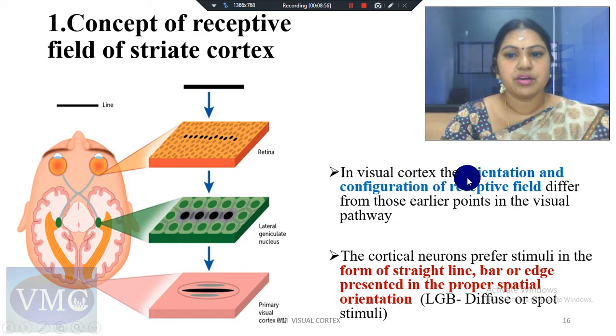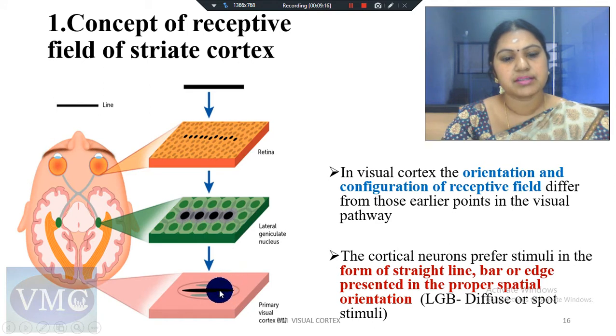In the visual cortex, the orientation and configuration of the receptive fields differ from those of earlier points of the visual pathway. In the retina, the visual information falls as dots. In the lateral geniculate body, it is also perceived as dots. But in the primary visual cortex, it is perceived as a line. So the cortical neurons prefer stimuli in the form of a straight line, bar or edge, present in a proper spatial orientation.